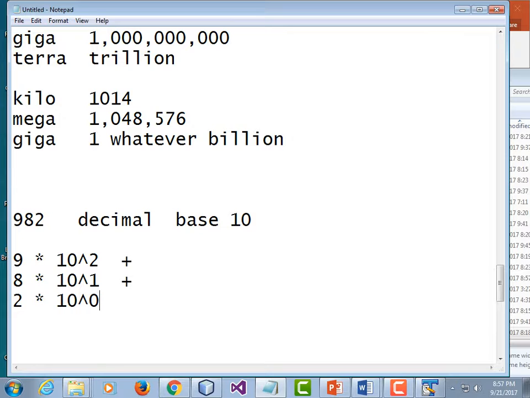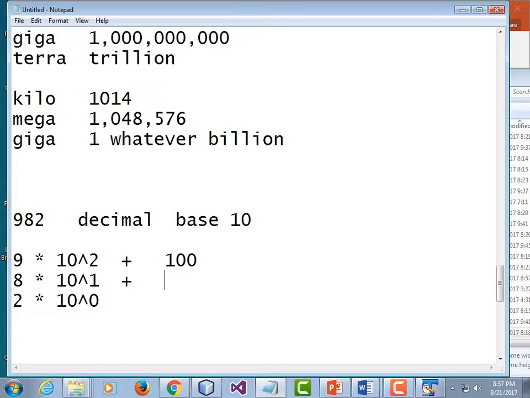It's like that: 10 to the power of 2, 10 to the power of 1, 10 to the power of 0. So in grade school we learned that that's the ones place, that's the tens place, and that's the hundreds place. Why? Because 10 to the power of 2 is what?